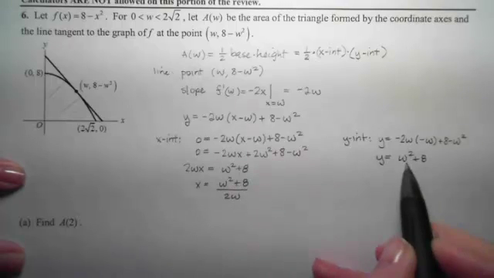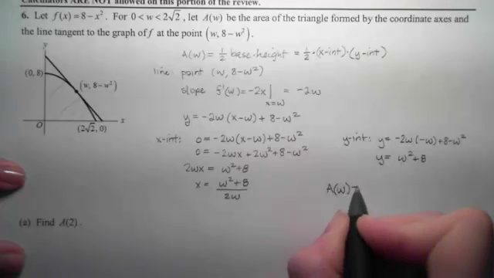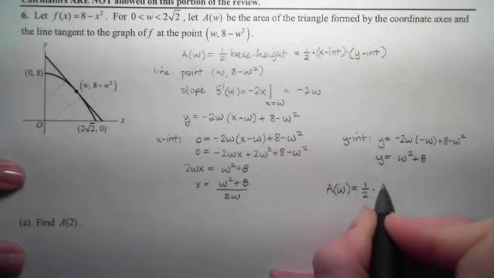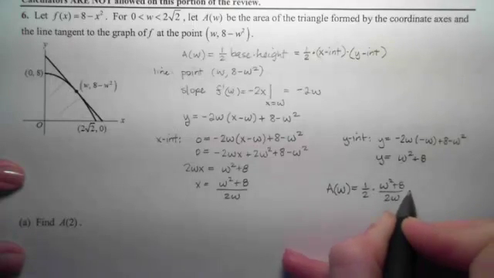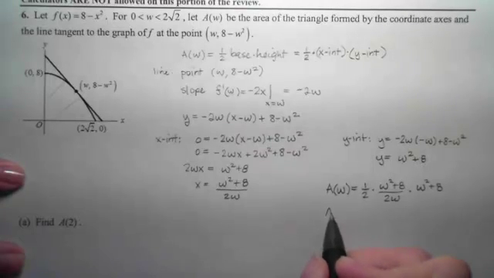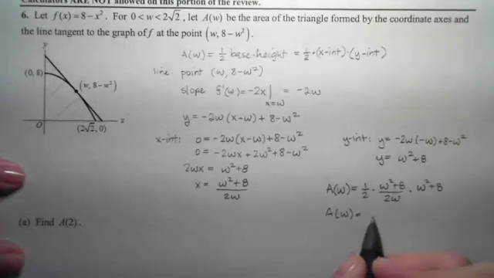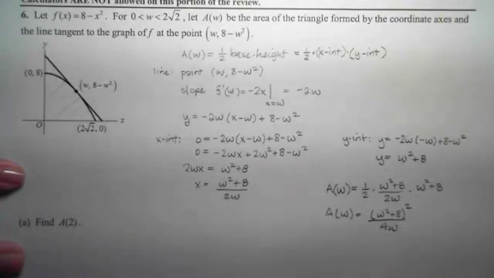And it kind of looks like this one, which means our formula for the area of that triangle will be 1/2 the x-intercept times the y-intercept, which ends up giving us (w squared plus 8) squared on top, and 4w on the bottom.